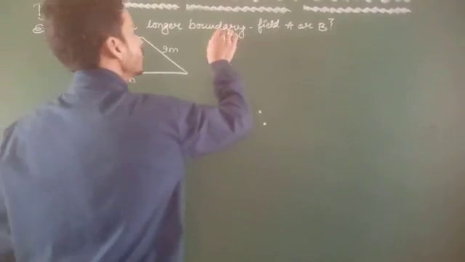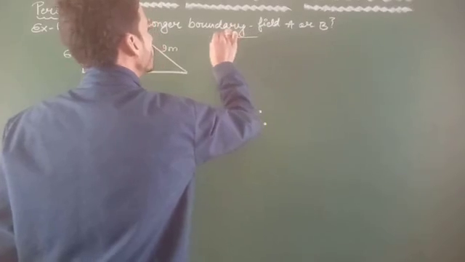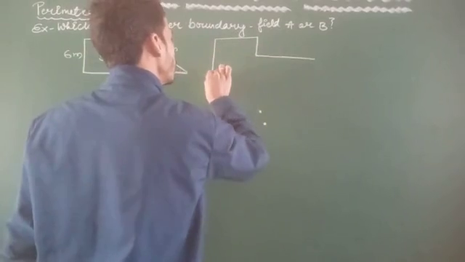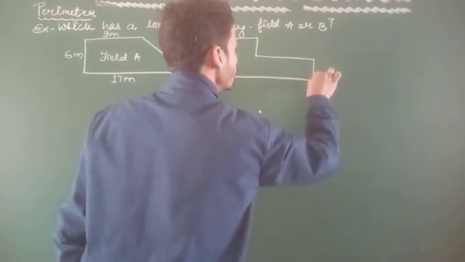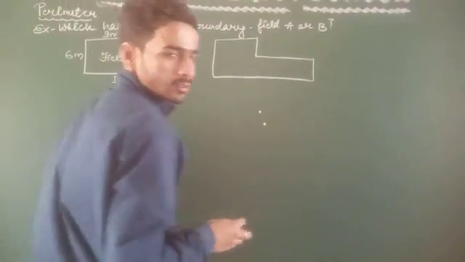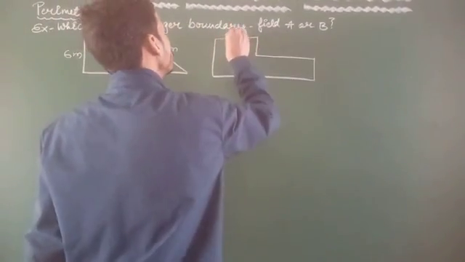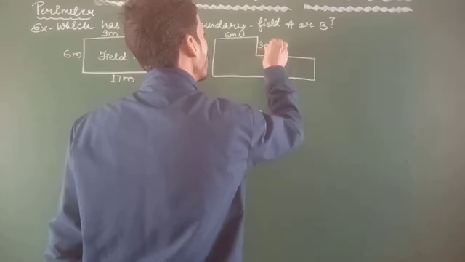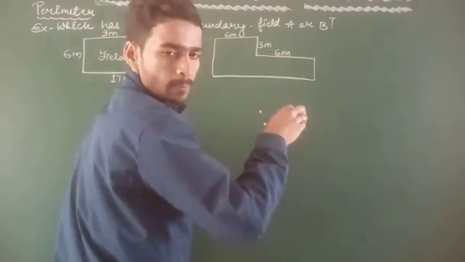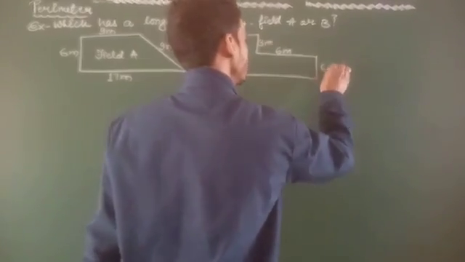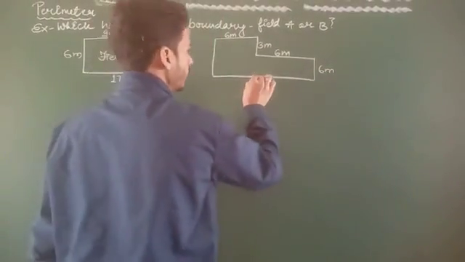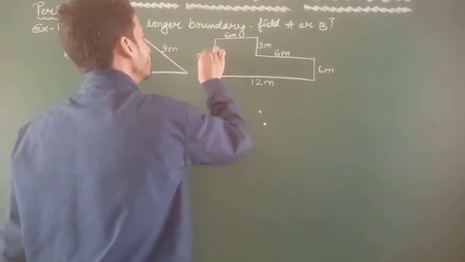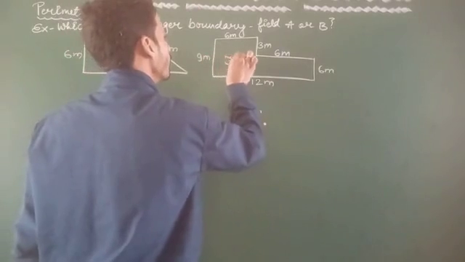Field B has sides 6 meter, 3 meter, 6 meter, 6 meter, 12 meter, and 9 meter.